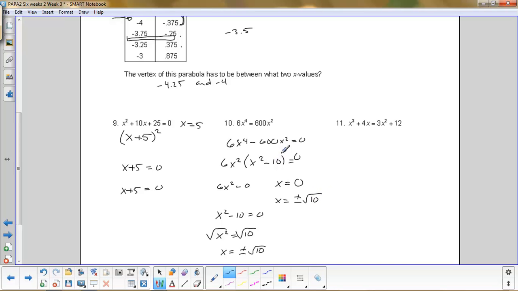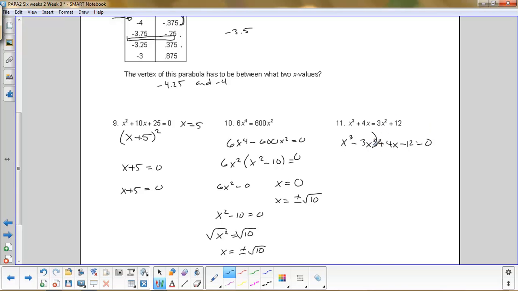In this final problem, we're going to use four-term grouping to help us get the right answer. So we'll write it in descending order by moving both the 3x squared and the 12 to the left side of the equation. X to the third minus 3x squared plus 4x minus 12 equals 0.